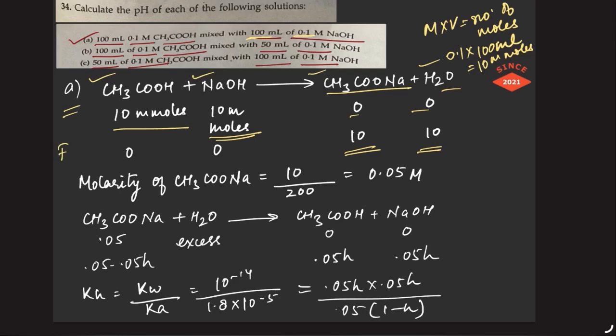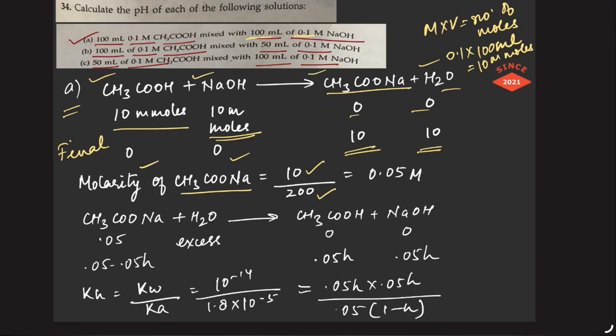So, final concentration will be acetic acid is 0, NaOH 0 and sodium acetate is 10 millimoles and water is 10 millimoles. Now, molarity of sodium acetate will be equal to moles of sodium acetate divided by volume of solution. Now, here it is millimoles of sodium acetate divided by volume of solution, also taken in milliliters.